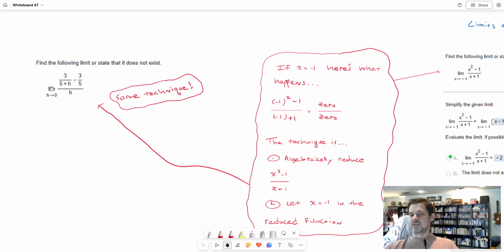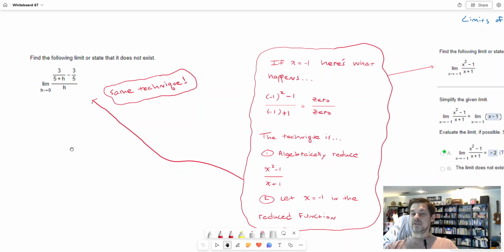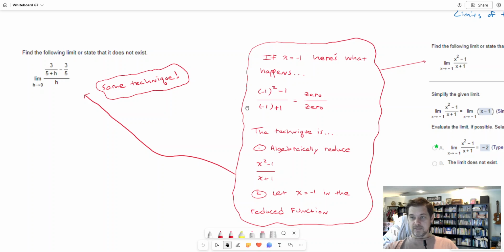It says, what's the limit as h goes to 0? Well, what if h was 0? On top, I would get 3/5 minus 3/5. That's 0 on top. And on the bottom, I would get 0 there too. So that would be 0 over 0. Same type of problem, same technique, but the first step of reducing it might look a little bit different.